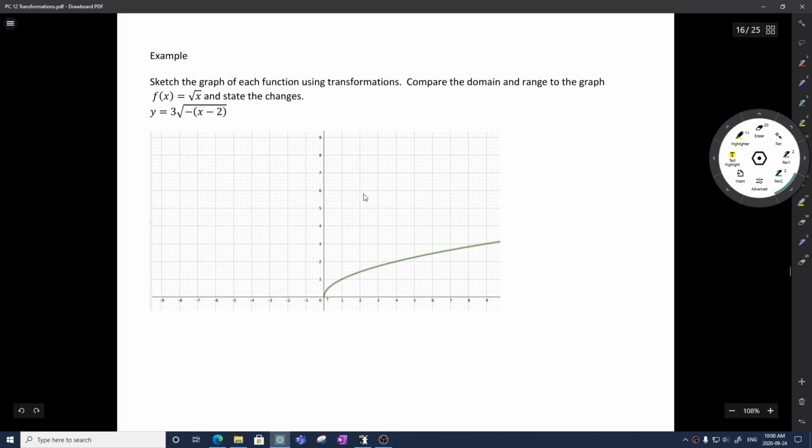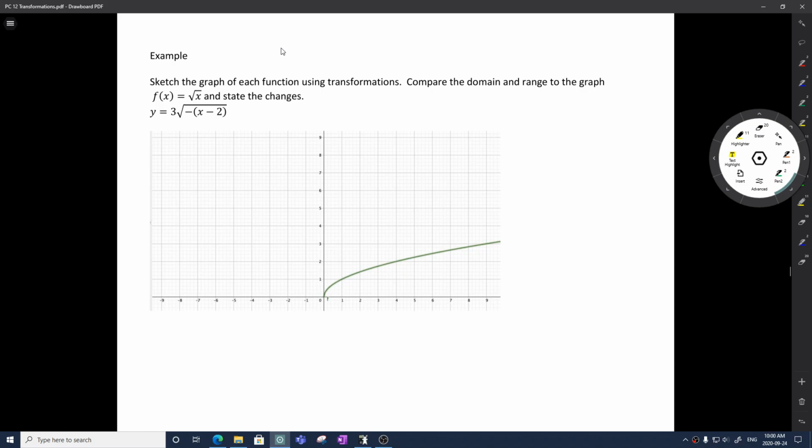So let's move on to this. Sketch the graph of each function using transformations. Compare the domain and range of the graph to f of x and state the changes. Okay, so what I'm going to do here is, here's f of x.